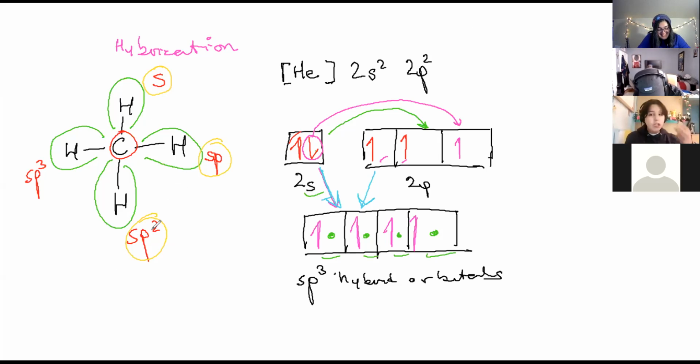If you have 3 things attached to the central atom, that's sp2. If you have 4 things around the central atom, that is sp3. You can also think of it as sp1, but we don't write the 1 exponent, so it's just sp, and then sp2, and then sp3. Right, exactly. I can go over a different example if you guys want a few more examples.